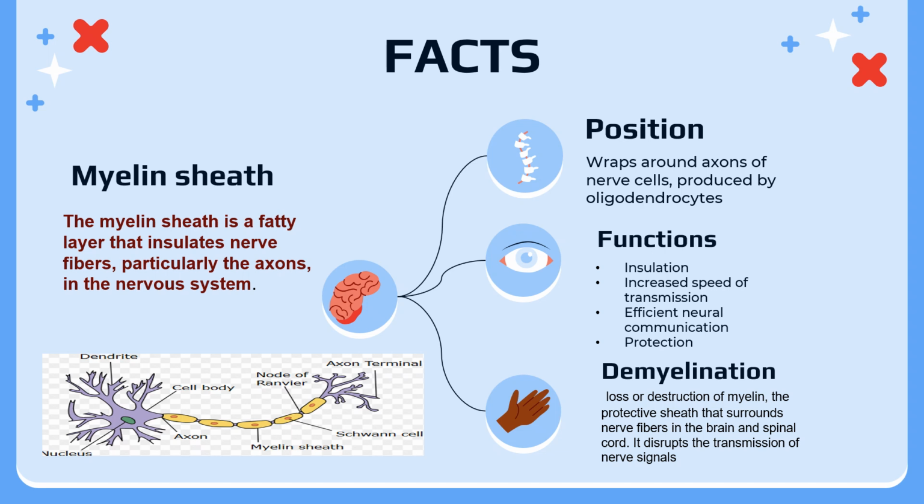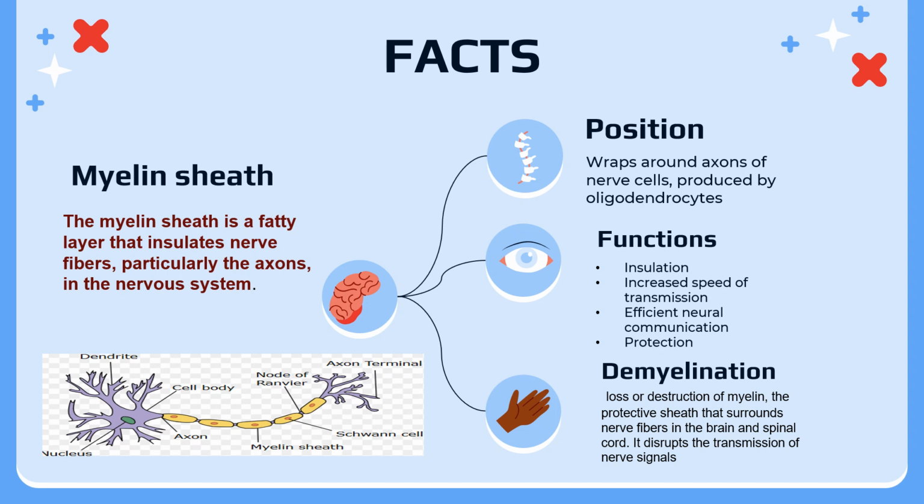Now, before we go into details, let's first know what we are talking about. I said a word called myelin sheath, right? So we will talk about what a myelin sheath is. Now, when we learned anatomy and physiology, we learned that the myelin sheath is a fatty layer which basically covers your nerve fibers or your neuron, particularly which part of the neuron? The axon.